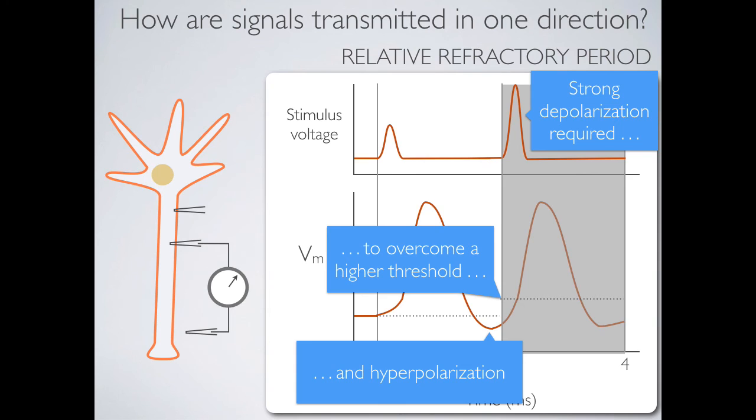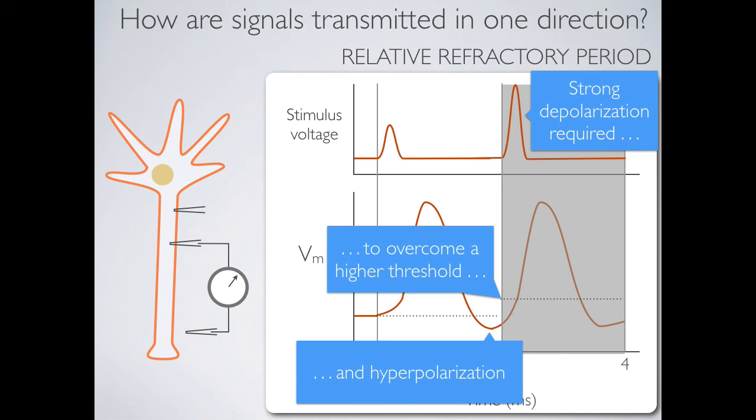But you have to give it a stronger depolarization in order to create a second action potential. Now, the explanation for why that's true is we're starting from a more negative number, and the other thing is that you've got fewer voltage-gated sodium channels to create that second depolarization. Okay, so it's less sensitive. That's why you need to give it a higher depolarization.